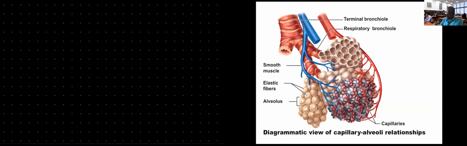All right, here we see the cluster of alveoli, my air sacs. You see blood coming in with low oxygen levels.